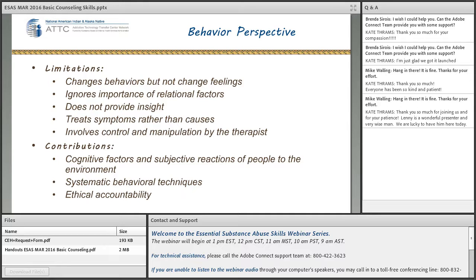The limitations: changes behaviors but not feelings, ignores the importance of relational factors, does not provide insight, treats symptoms rather than causes, involves control and manipulation by the therapist. Contributions: cognitive factors and subjective reactions of people to the environment, ethical accountability.